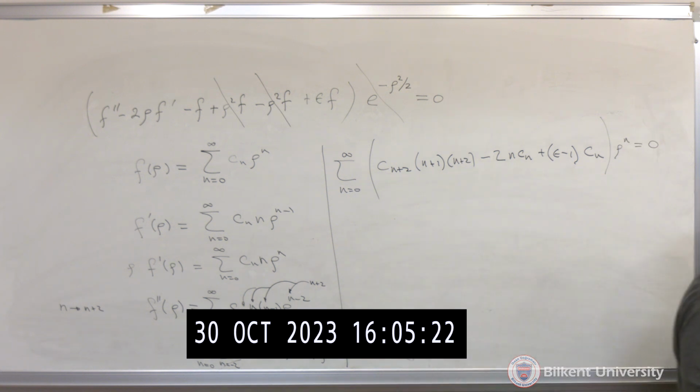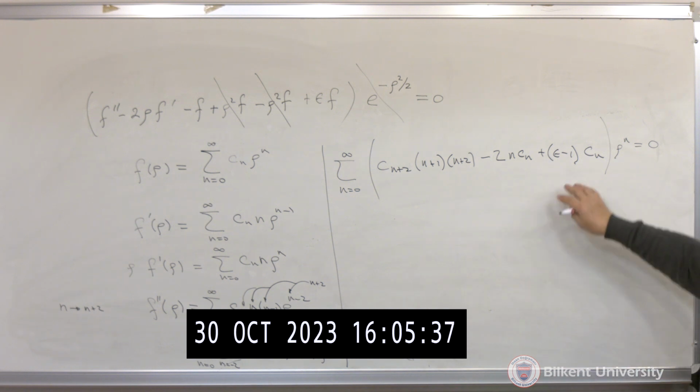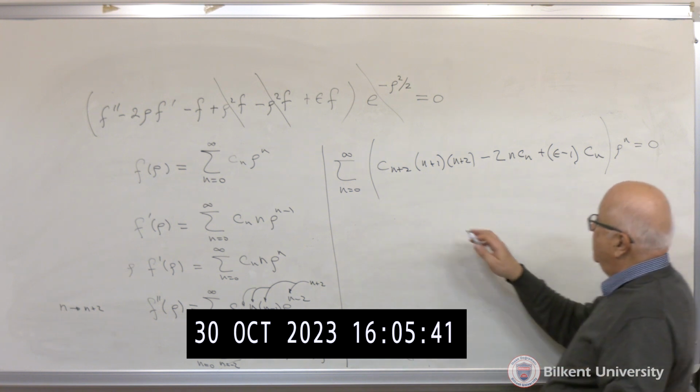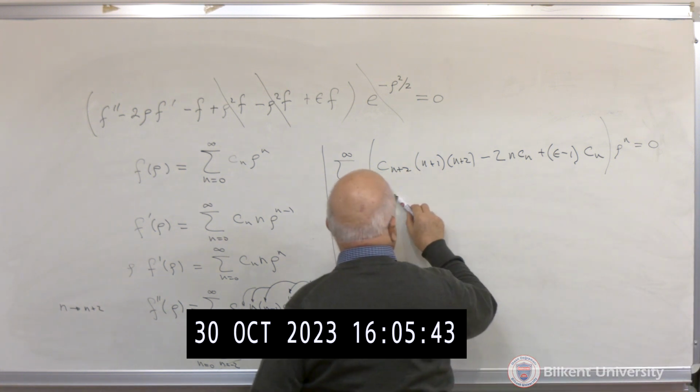Okay, so I want solutions of this form. And since all of these rho to the n's have different behavior, the only way you can have this equal to 0 is if this coefficient is 0. Okay, so I'm going to get this thing equal to 0 for each n.